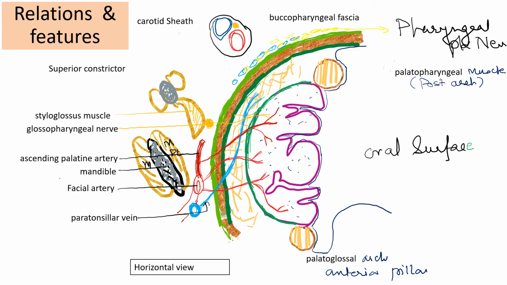Let me use black color for this. These are the glossopharyngeal nerve and the styloglossus muscle. This is the styloid process. The muscles over here are the stylopharyngeus and stylohyoid muscle. This muscle is stylohyoid and this one is stylopharyngeus muscle. Stylopharyngeus muscle, and this one is stylohyoid muscle.